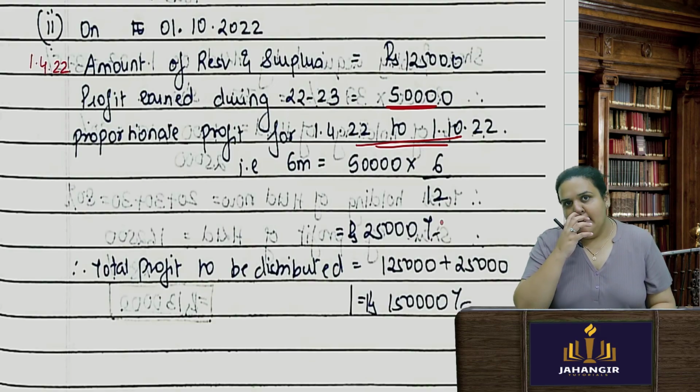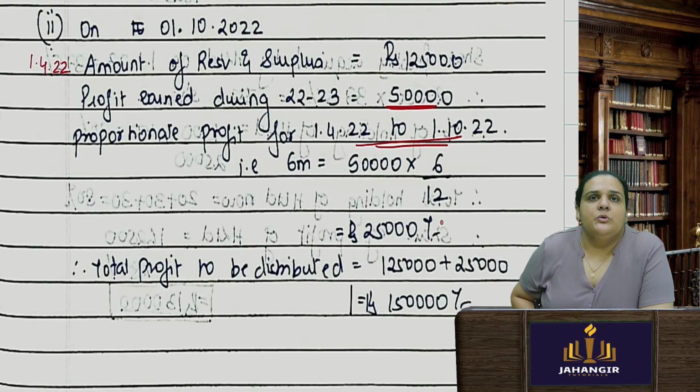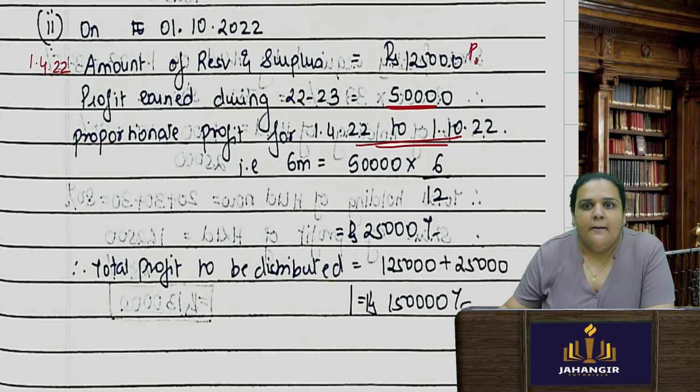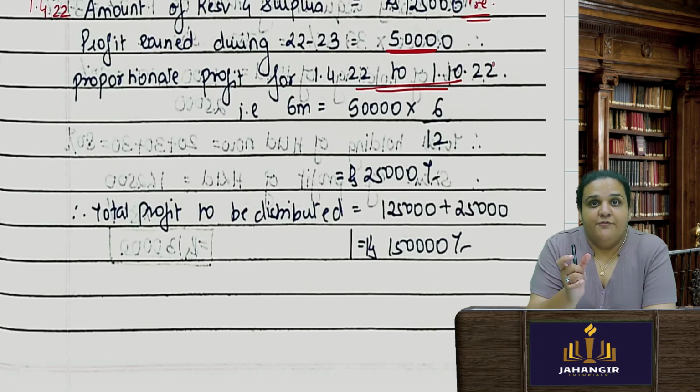1st October again the holding company has come with taking some shares. So now how much total reserves and surplus I have to treat? 1,25,000, which is actually pre, plus the pre one, 50,000 is for the current year, but pre period is 6 months, 25,000. So this 1,25,000 plus 25,000.